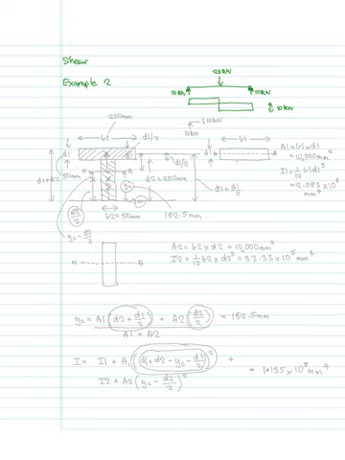So if we did a small cut of the beam there and we had our 10 kilonewton reaction, then acting downwards there would be a 10 kilonewton shear force, and of course let's not forget that there will be a bending moment there as well.